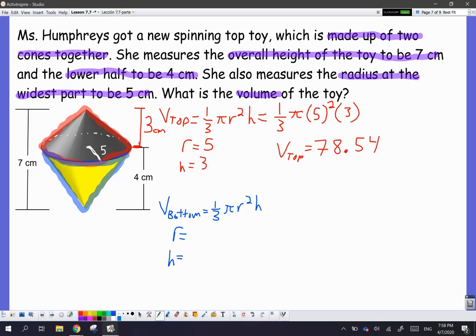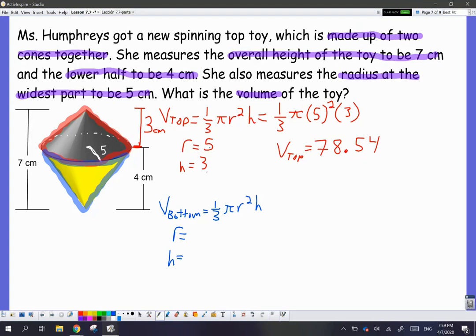Now be very careful here, because even though both of these are cones, that doesn't mean that the radius here is the same as the top radius and that the bottom height is the same as the top height. If something does turn out to be the same, I need to be very, very careful and verify that it's supposed to be the same.